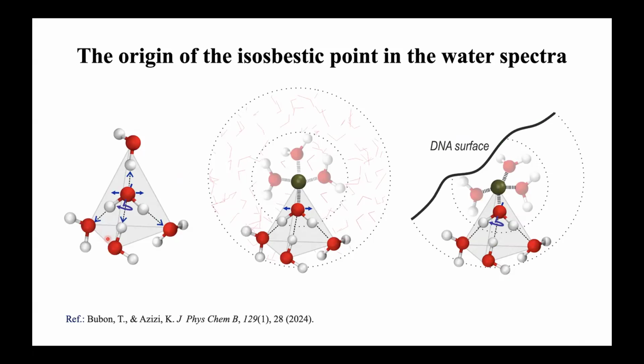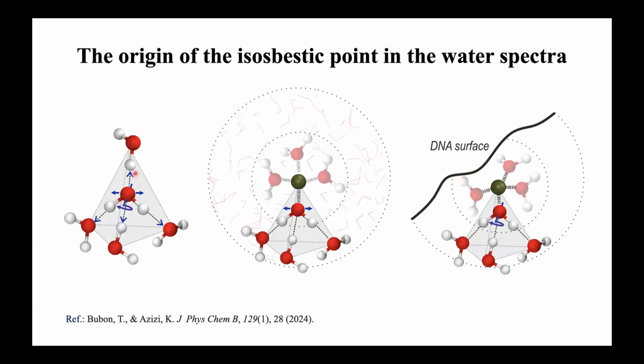To address this question, we analyzed the vibrational modes of water in three different environments: in the bulk water cluster, in the hydration shell of an ion in the bulk, and in the hydration shell of an ion which is located near the DNA surface.